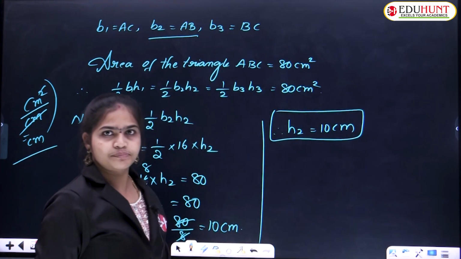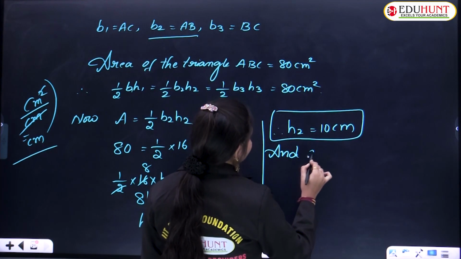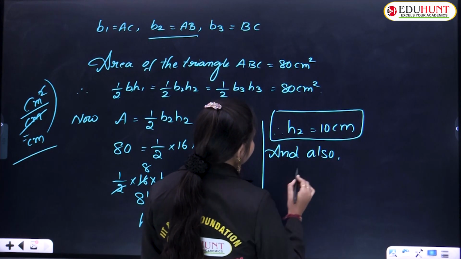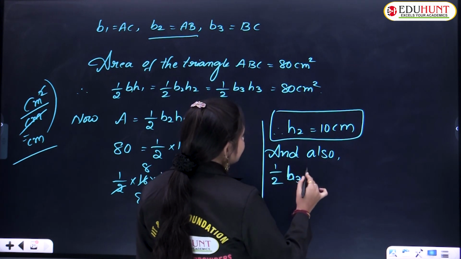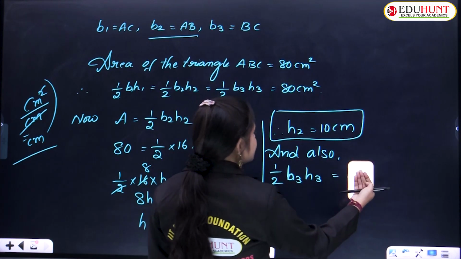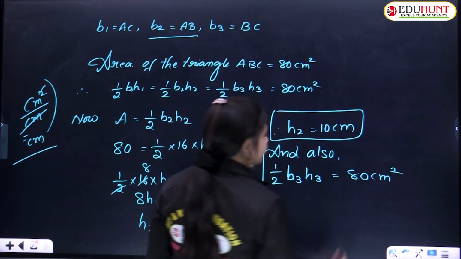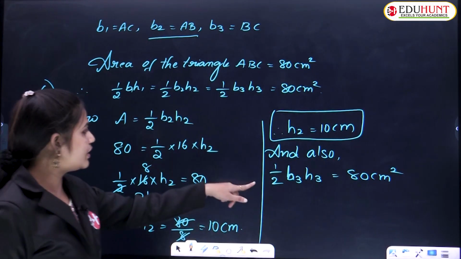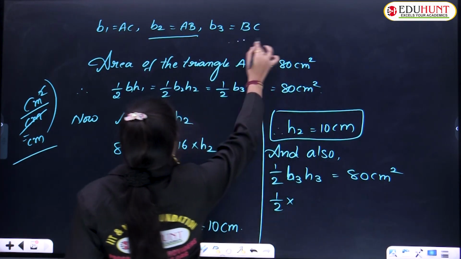Next H3. Half B3 H3 is equal to, this is also the area only, no? The area is what? Which is equal to 80 centimeters square. H2 we found. Now we need to find H3. Half into base 3, which means BC.